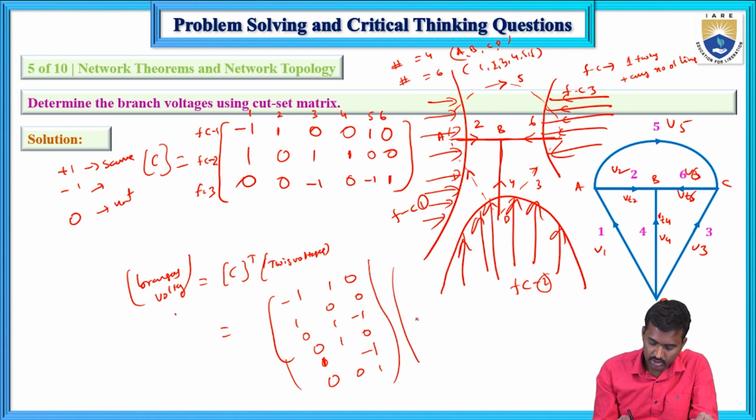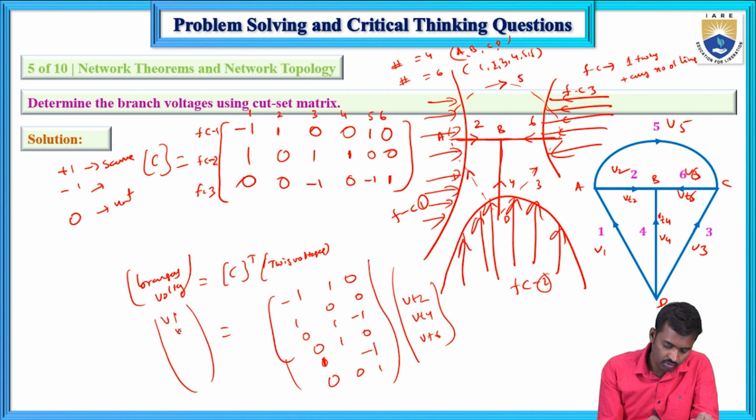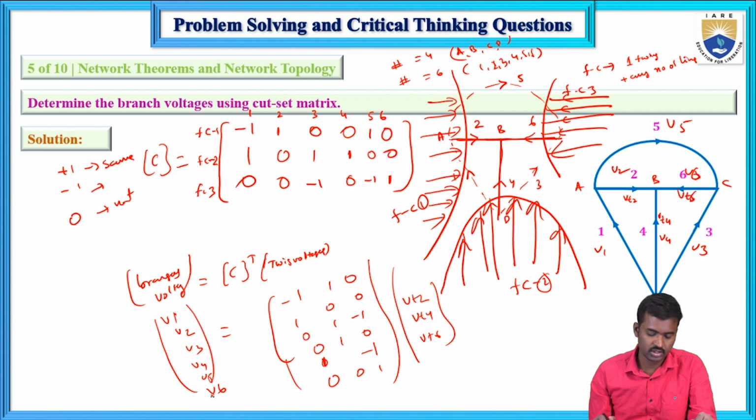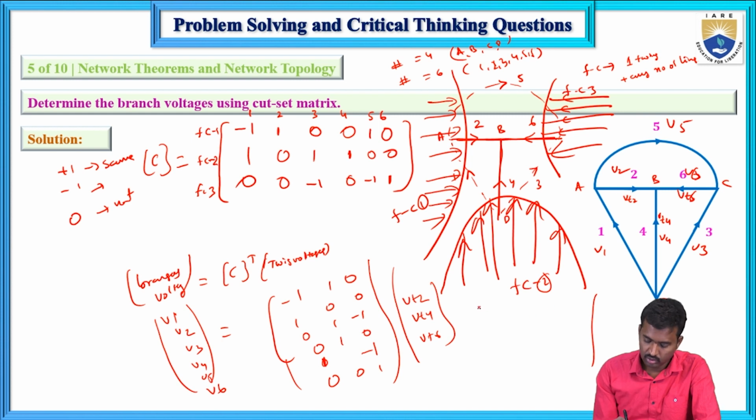And these are the twig voltages VT2, VT4 and VT6, and these are V1, V2, V3, V4, V5 and V6. If you multiply, you will get the branch voltages.